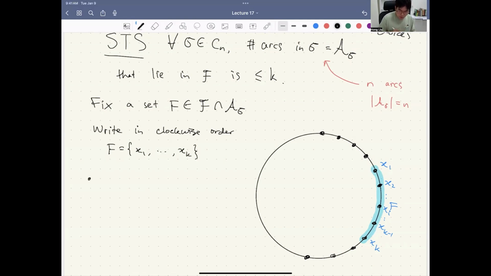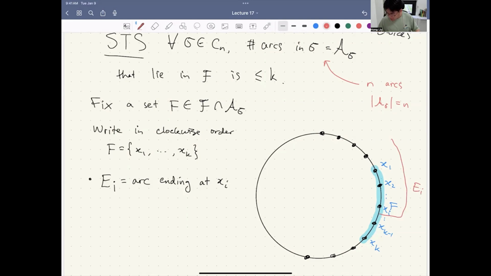Now, the key observation is that, let's first give names. Let's write Ei to be the arc ending at xi. Okay, so from here, go up.